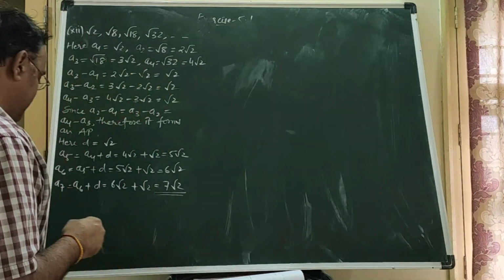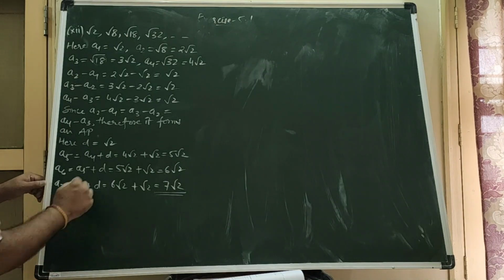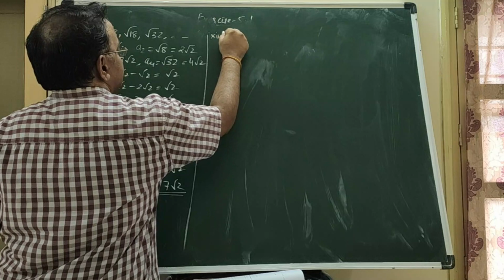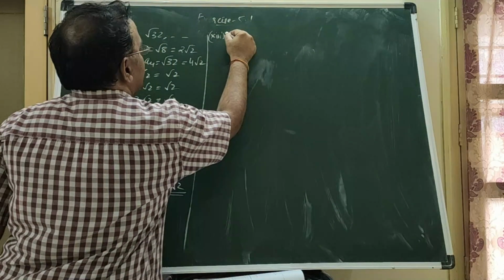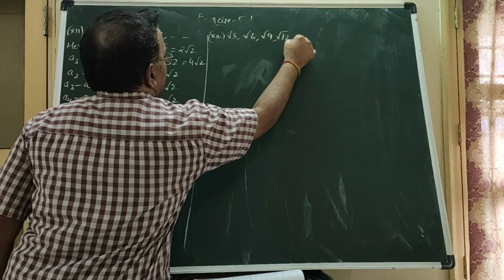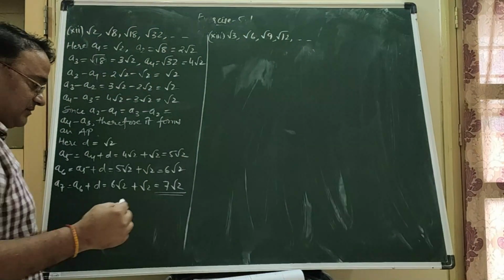Now the 13th question, we'll do here. Root 3, root 6, root 9, root 12, and so on, right?